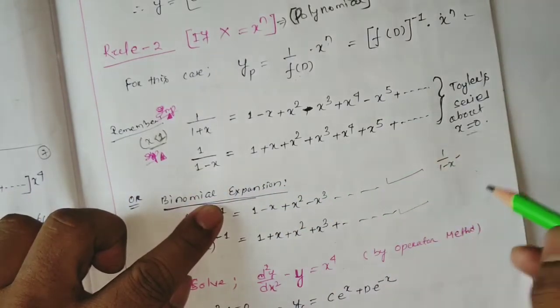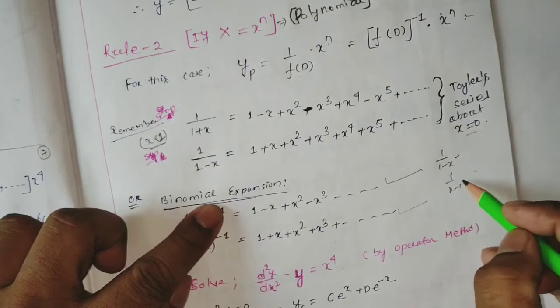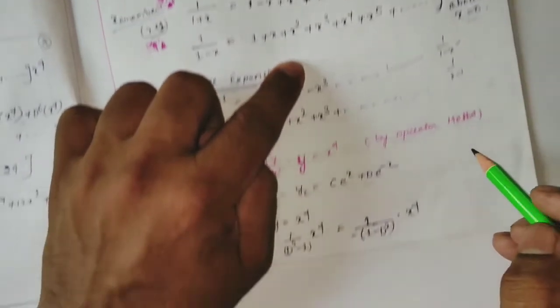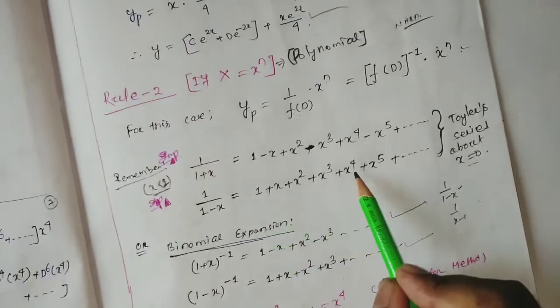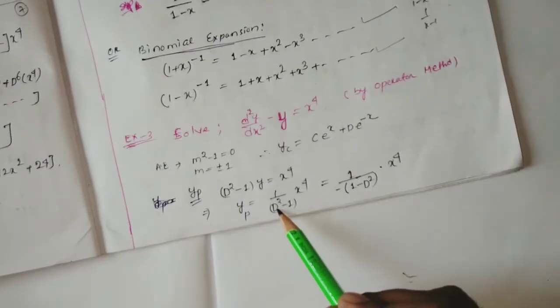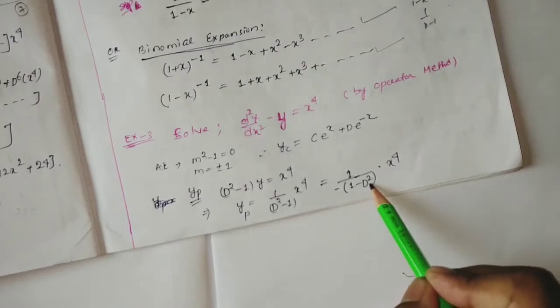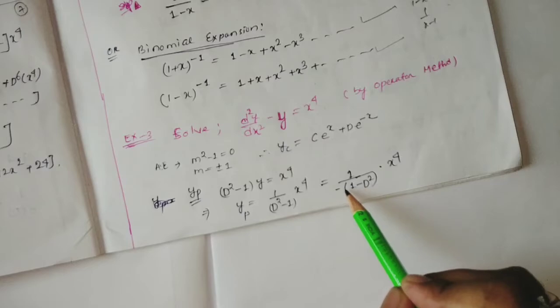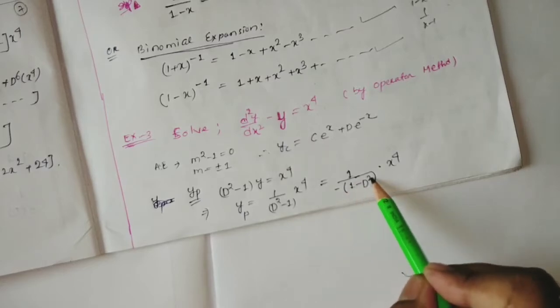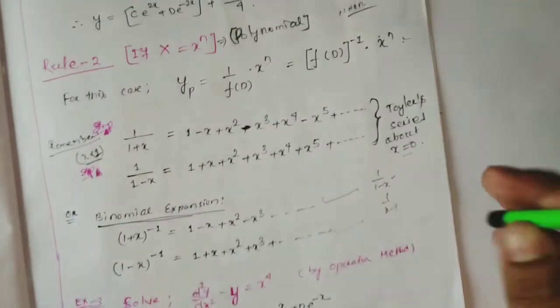You cannot say that the 1 by x minus 1 series is this one. No. Here we have D square minus 1. To apply this expansion, I have to convert D square minus 1 to 1 minus D square. So if I take minus common from these two, it will be minus whole into 1 minus D square x to the power 4. You got my point?